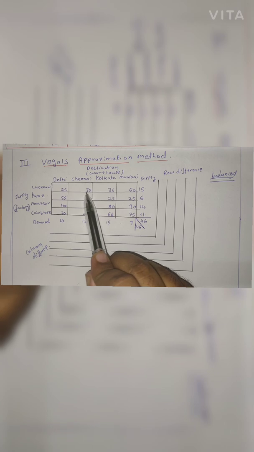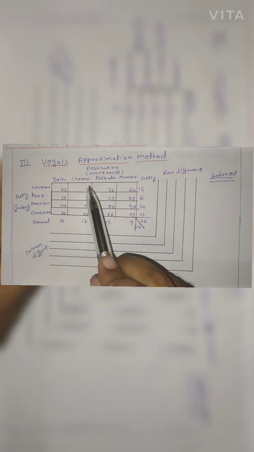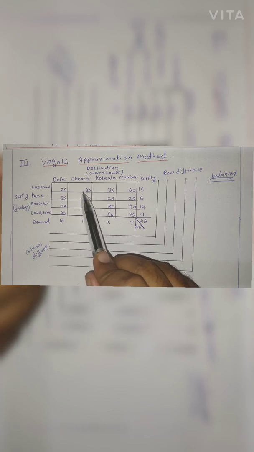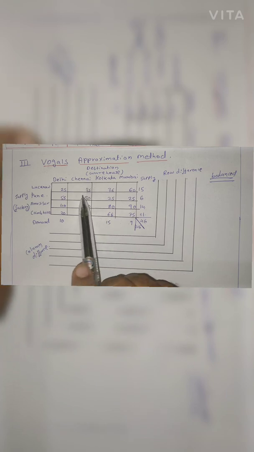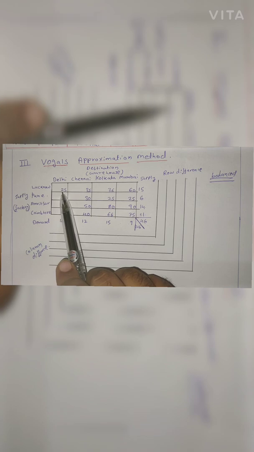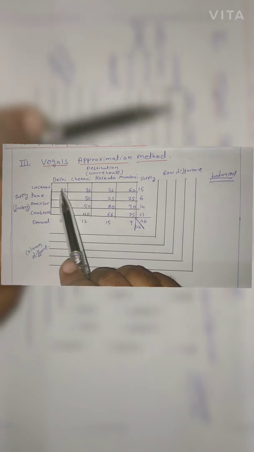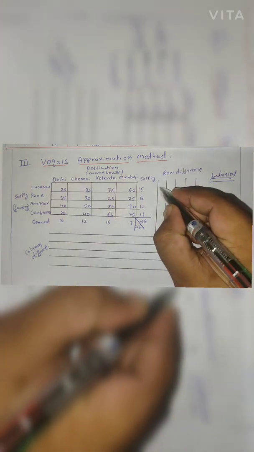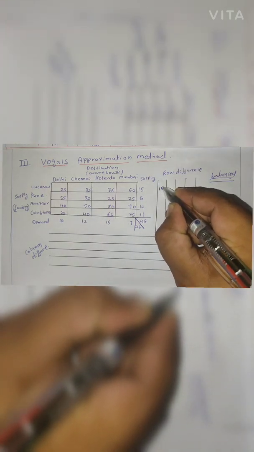The second lowest value is 35. What we should do is subtract the lowest from the second lowest value. So 35 minus 25 will give you 10. That 10 we'll write over here in this row.